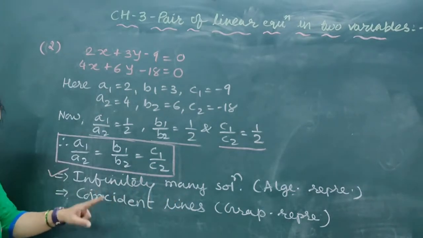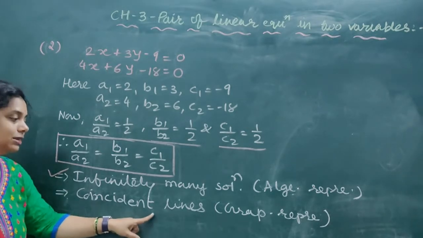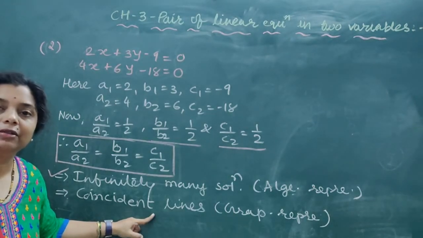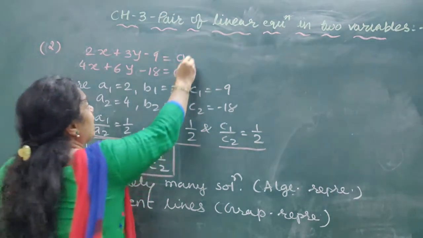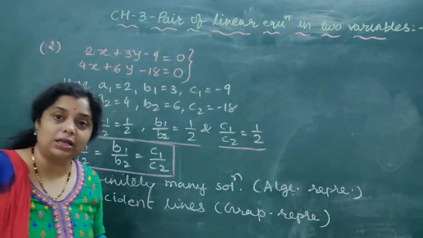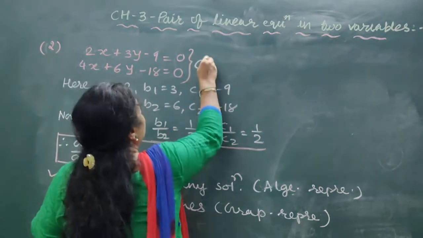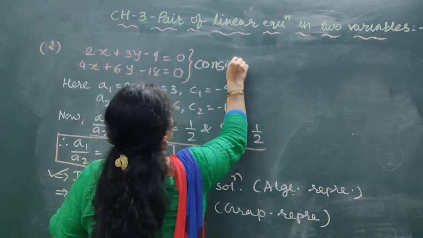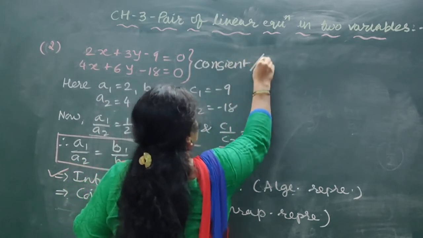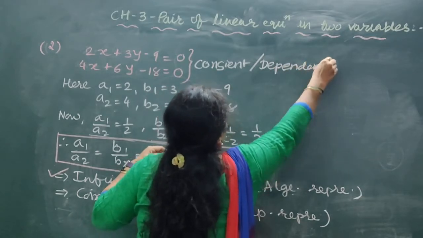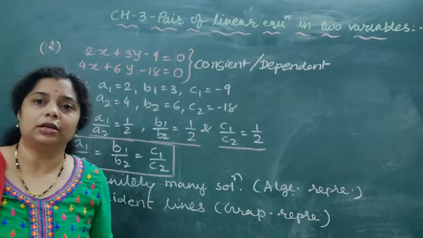That pair shows infinitely many solutions, and it means we get coincident lines. When we get coincident lines having many solutions, we call it a consistent pair of a linear equation, or we can say a dependent pair of a linear equation.